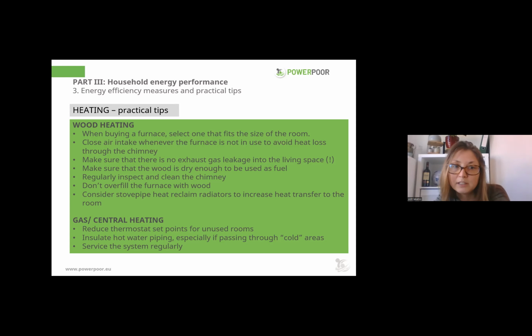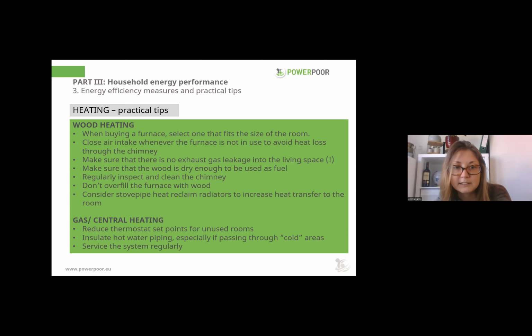Another important tip is that you should inspect your chimney regularly, and see what kind of energy mix you can use, so using the wood, but also complementing with a radiator if possible.